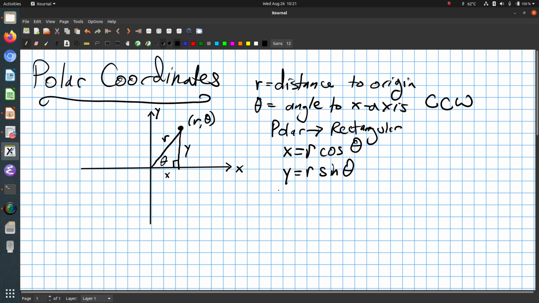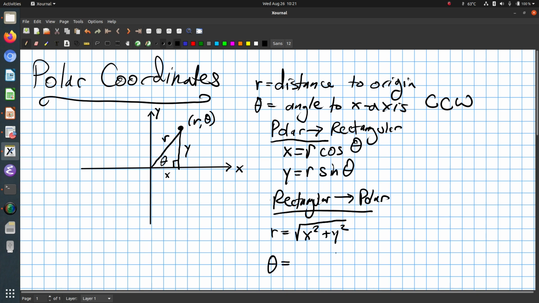If you want to go the other way, you could totally do that. You just need to solve these two formulas for r and theta. The r coordinate's easy to find. That's just the square root of x squared plus y squared, the length of the hypotenuse. Theta's a little more tricky.